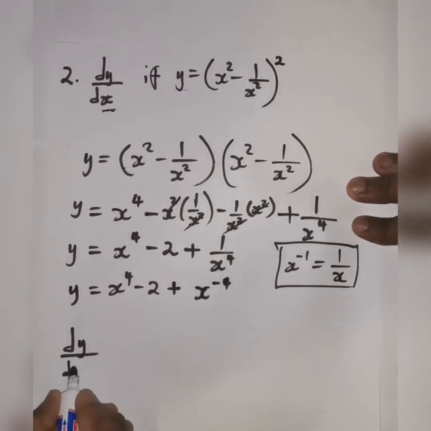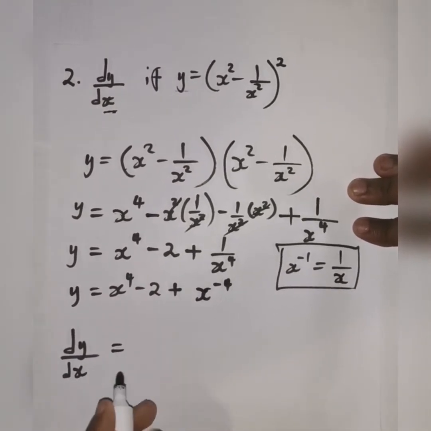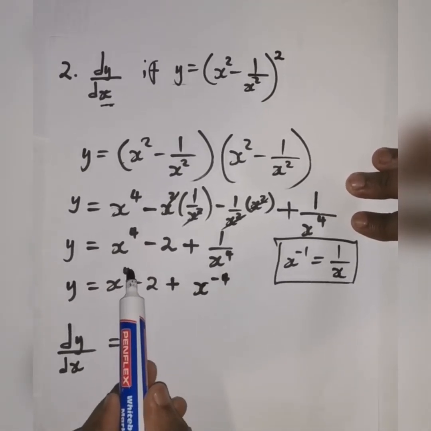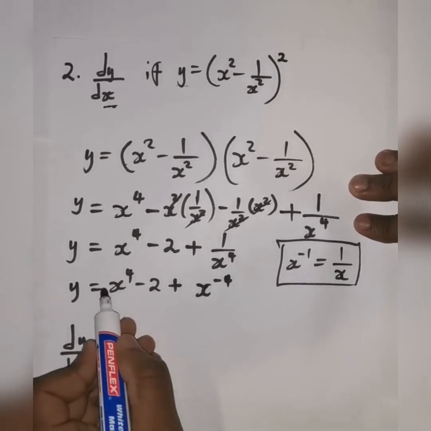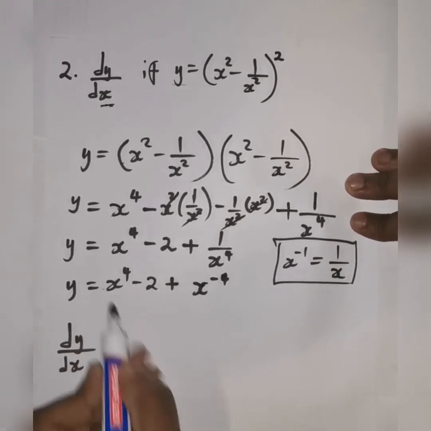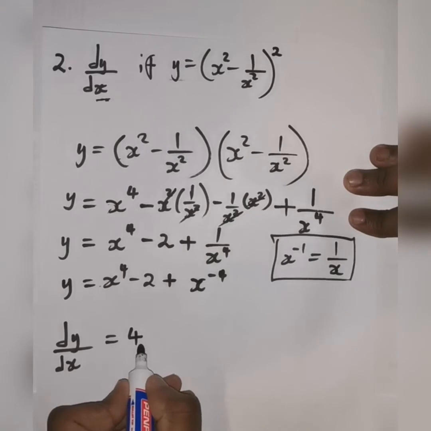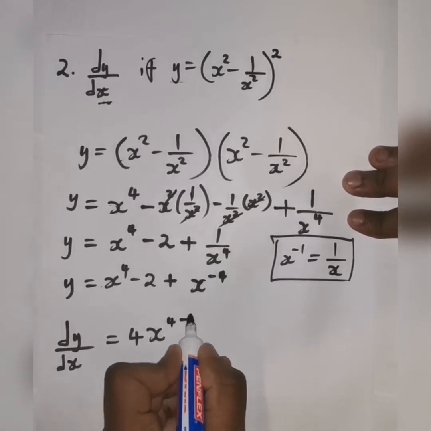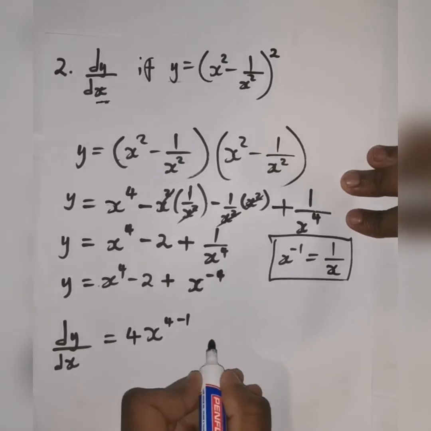differentiation of y in terms of x is going to be equal to the following, right? As you know, we take the power to the base, so it's going to be 4, right? x, and then we subtract 1 from the power, so 4 minus 1, right?